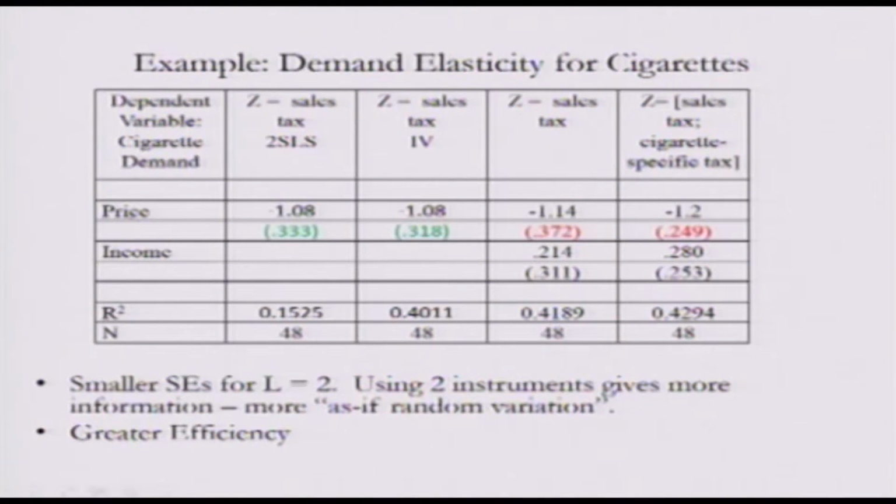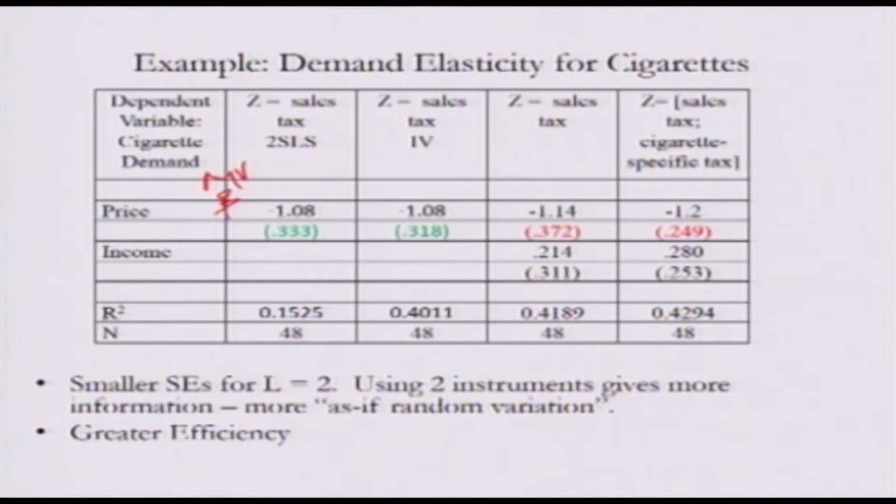It only gives you the estimate of beta hat IV, where the IV is actually run manually in two steps. In the first step, you regress the price of cigarettes on the two tax components, Z1 and Z2. And in the second step, you use the predicted value of P, which is P hat.